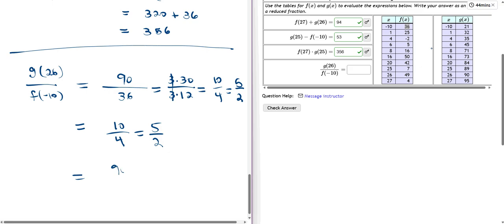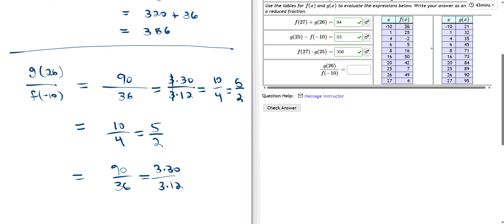Or I could have seen 90 over 36 as 18 going in evenly, and I think that's a little harder to see. Or sometimes you start doing your factoring, where I had 3 times 30 over 3 times 12, I could have done 3 times 3 times 2 times 5 over 3 times 3 times 2 times 2. And that would have gotten me 5 over 2. Okay, so there are different ways that you can reduce your fractions.